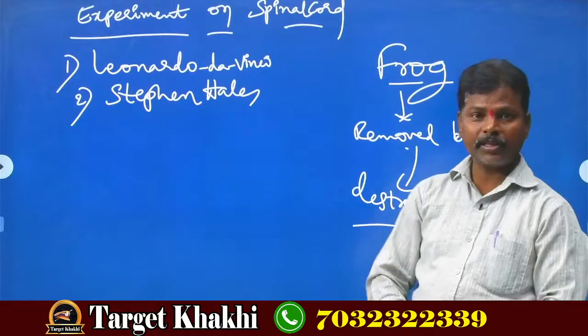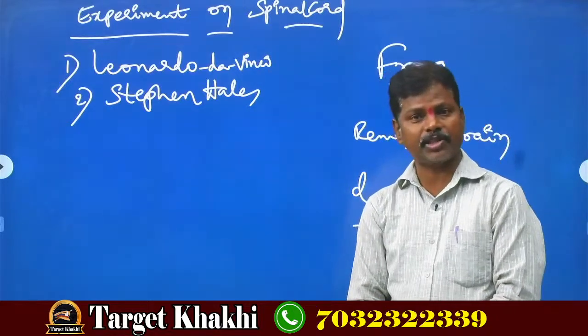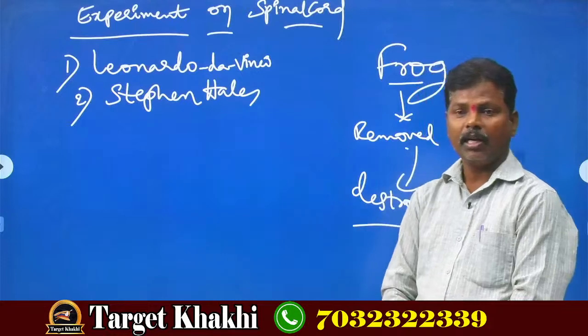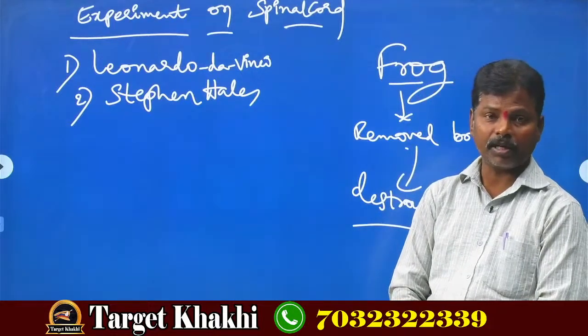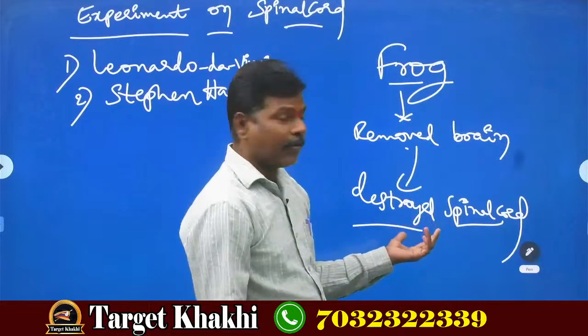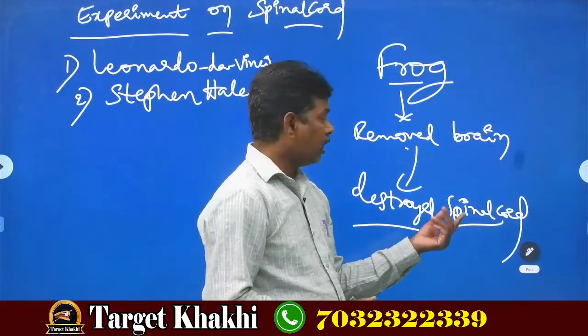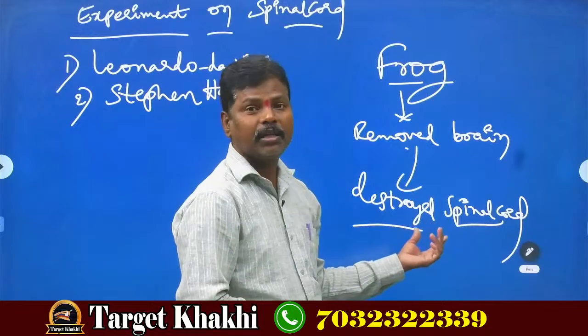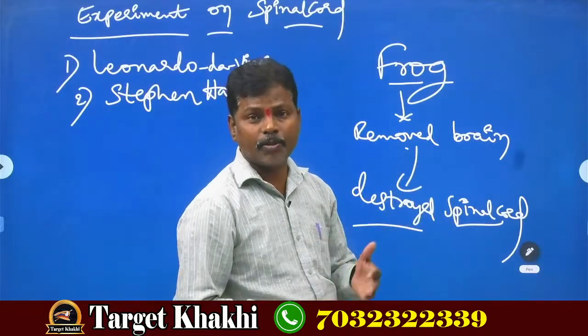Already its brain was destroyed by these two persons for conducting the experiment to know the importance of spinal cord, right? Next they wanted to know, if we damage the spinal cord, will the frog show any movement or not?